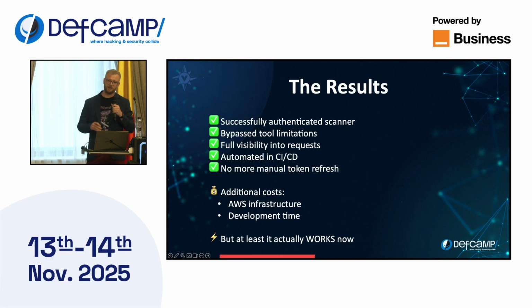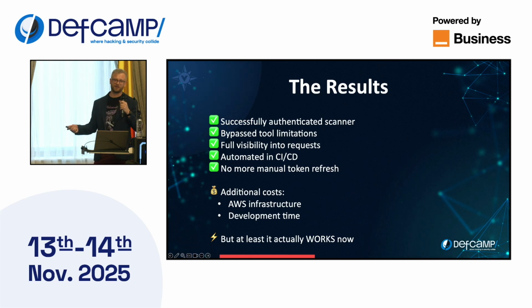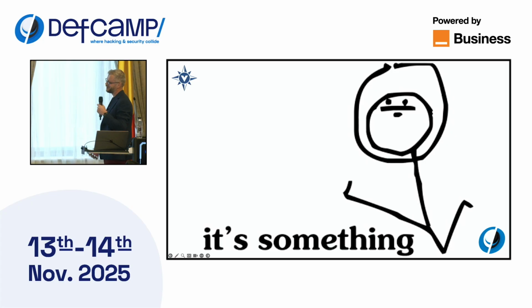You just make sure that it works, disable that part, and then the rest should be fairly cheap for a multi-billion-dollar company that already pays hundreds of thousands for the enterprise DAST tool. So some additional cost on the AWS side shouldn't be a problem, right? So it's something, right?